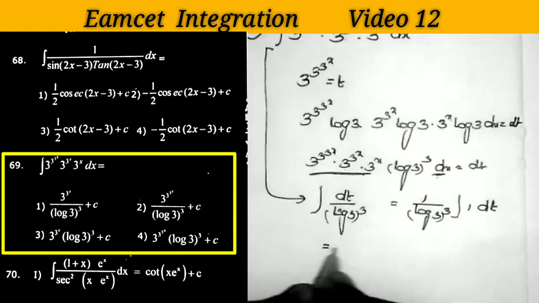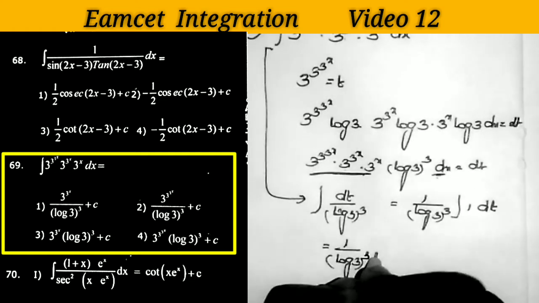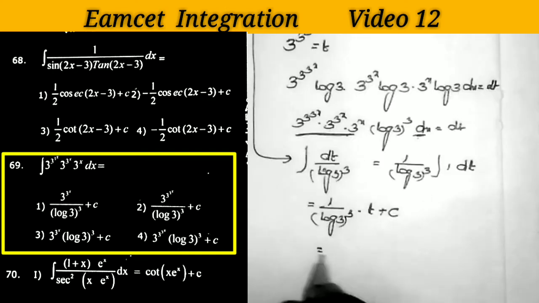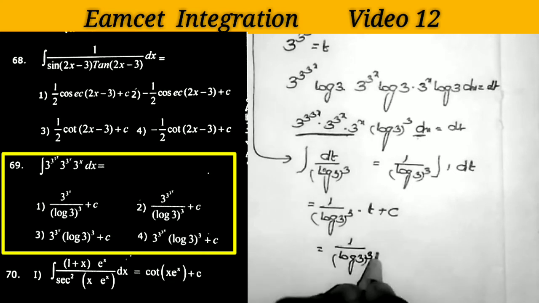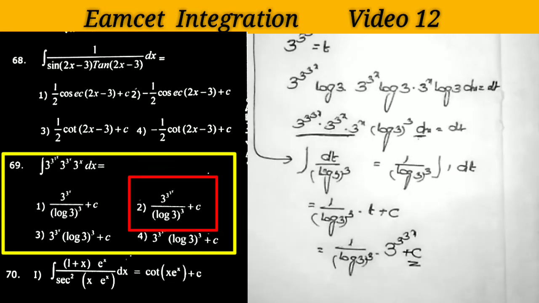Integral 1 dt. Therefore the answer is 1 by log 3 whole cube into integral 1 dt, which is equal to t plus c. Now replacing the t value here, that is 1 by log 3 whole cube into what is t value? 3 power 3 power 3 power x plus c. That's all. And this is the second option.